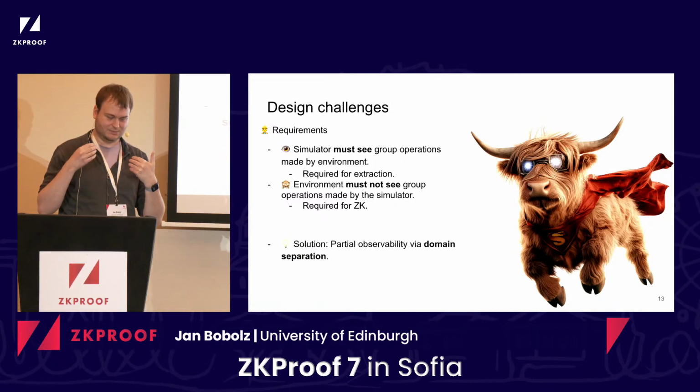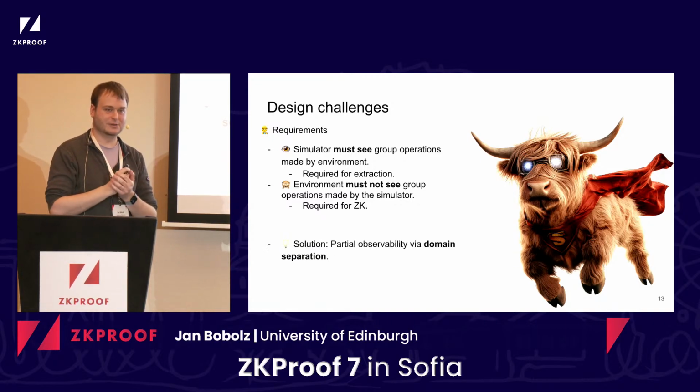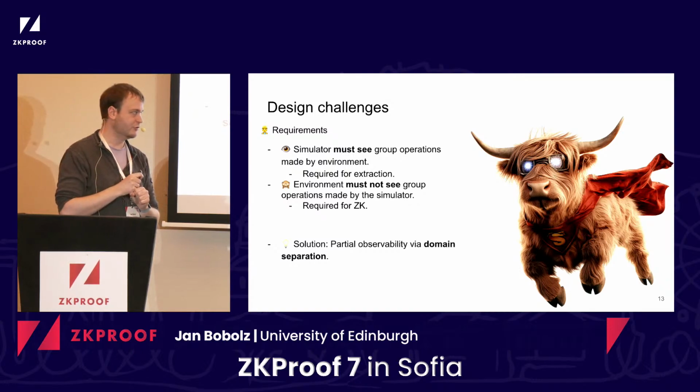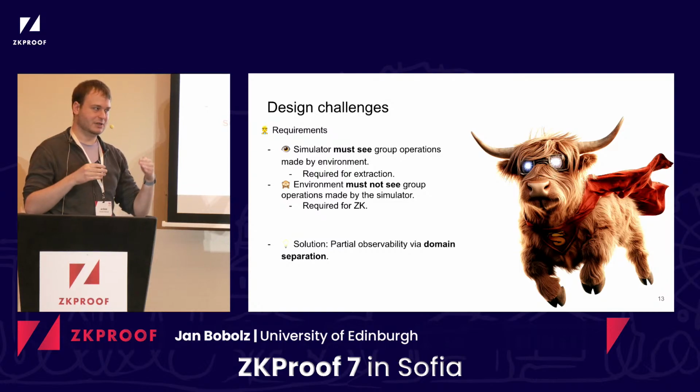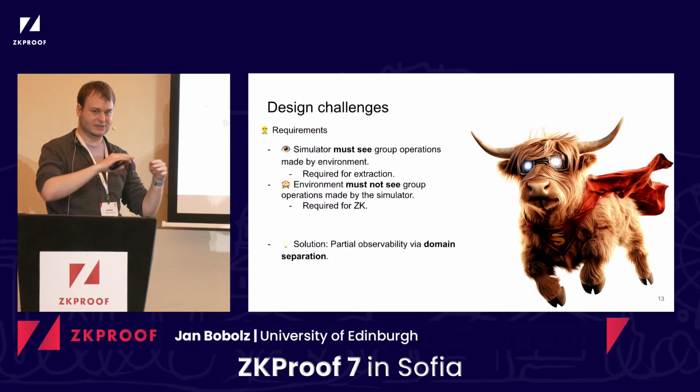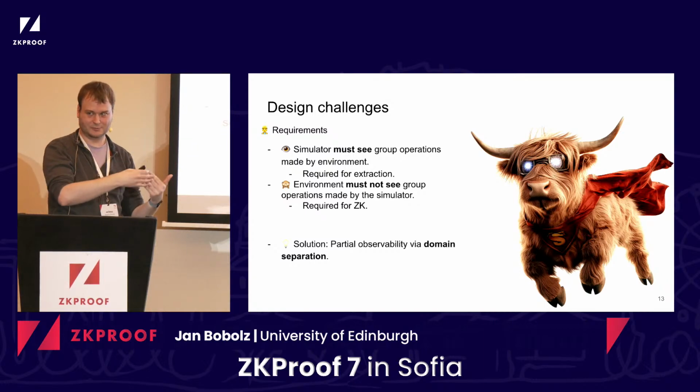We basically use a similar solution to what has been done for global random oracles, which is some sort of partial observability. And we will do some domain separation between different protocols running on the same group.